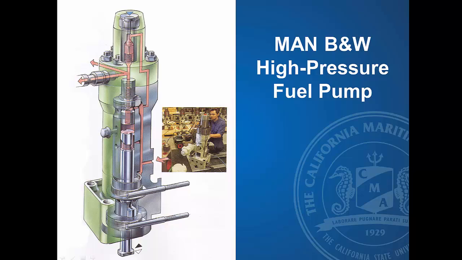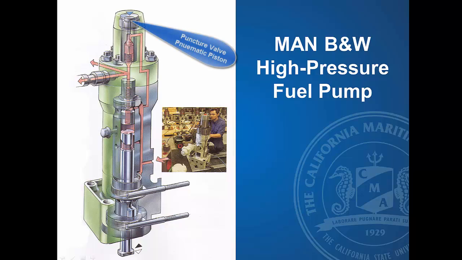Now, what you're seeing at the top of this is the puncture valve. The puncture valve gives the manufacturer the ability to disable each of the high pressure fuel pumps with a pneumatic air signal. And this is very important. There are different times that one of them would be an emergency shutdown.